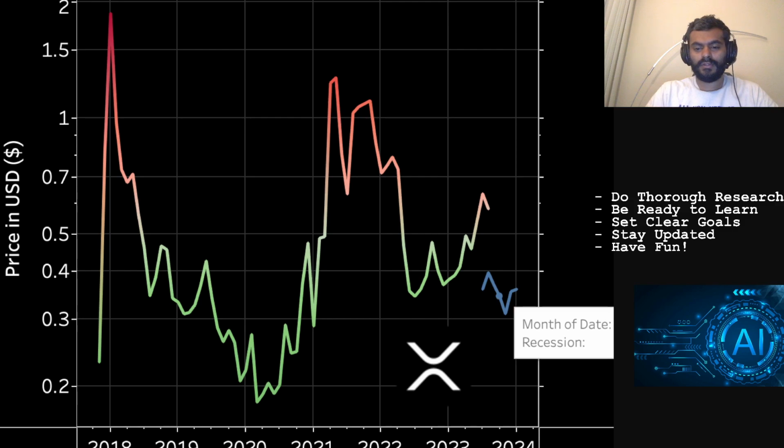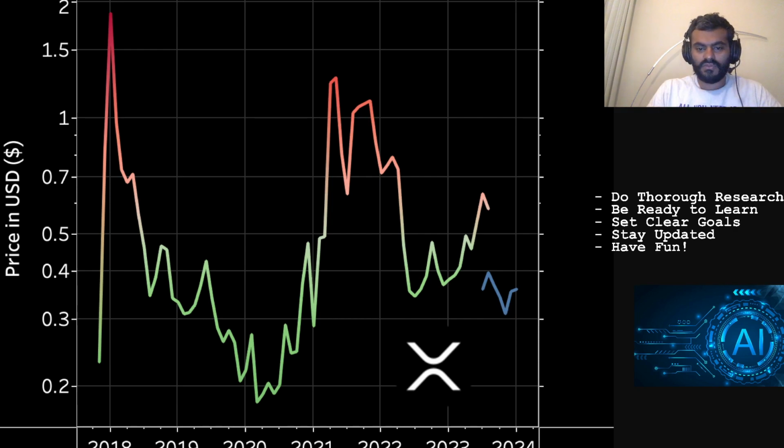For October, if we get an extreme downturn, the monthly average forecast at a floor level would be 34 cents. For November, in case of an extreme downturn, the lows are at 31 cents.